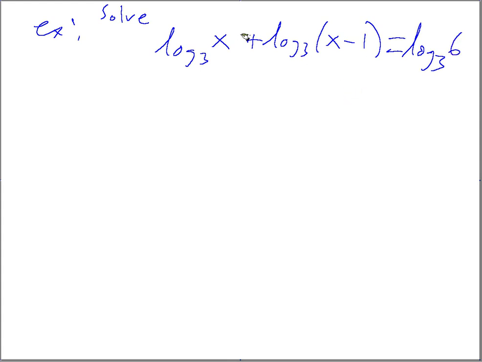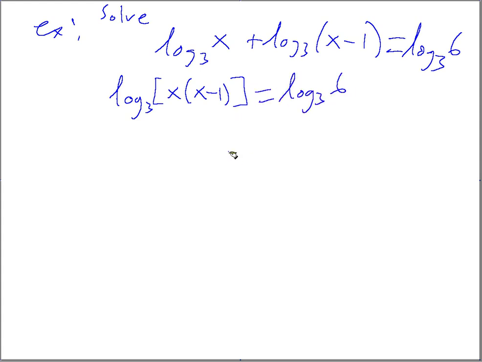All right? So how do we solve this equation, for example, then? Well, I need to find a way to put these two logs together, but again, we had a property earlier where the product rule is going to apply, where if I'm adding two logs, I can put it together by multiplying those quantities inside. In other words, I can write the left-hand side as log base 3 of x times x minus 1, if you recall, right? And that's equal to log base 3 of 6.